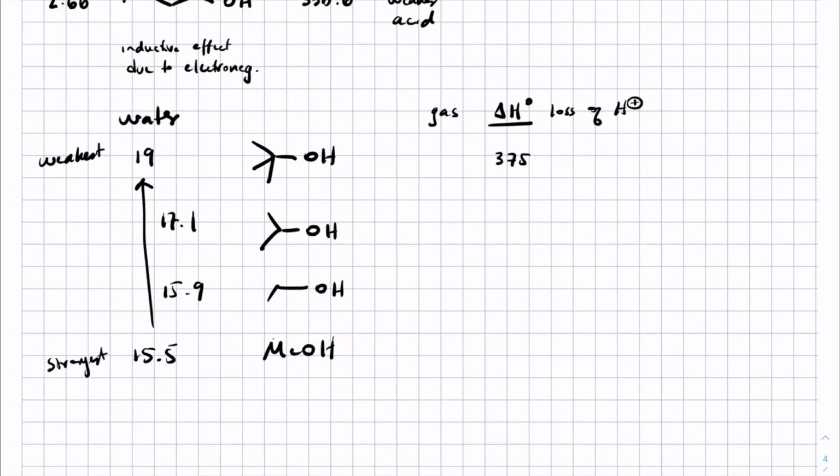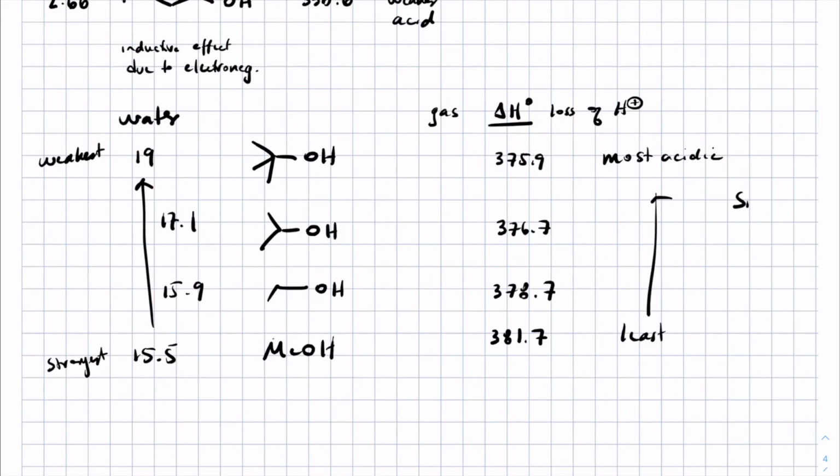It turns out that t-butanol is the most acidic, and it starts to go down from there, again with a 5 or 6 kcal per mole difference between the most acidic and the least acidic. Why? It's the same size and polarizability explanation. That in the gas phase with nothing else around, alkyl groups are fairly polarizable and they can adjust their electron density in such a way as to spread out the negative charge on the oxygen.